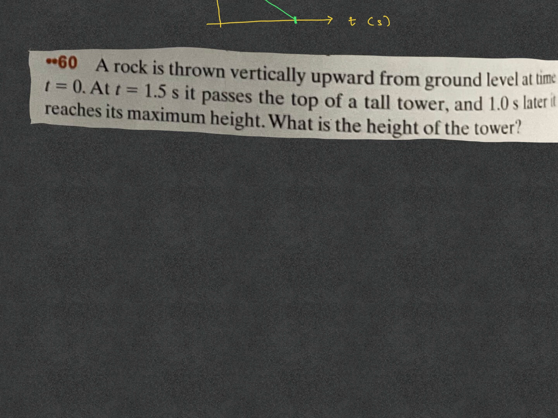What you can do is just draw a little picture. I always encourage you to draw a little cartoon picture, because that helps a lot. So here we have the building, and this is the maximum point, right? The ball is thrown from the ground, and at this point that marks t equals 1.5 seconds.